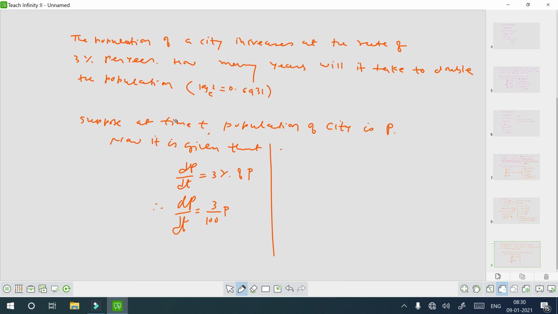So what we get? We get dp by P is equal to 3 by 100 dt. On integration, dp by P is equal to 3 by 100 dt plus C. So log magnitude P is equal to 3 by 100 T plus C. We have to suppose initially what will it be.